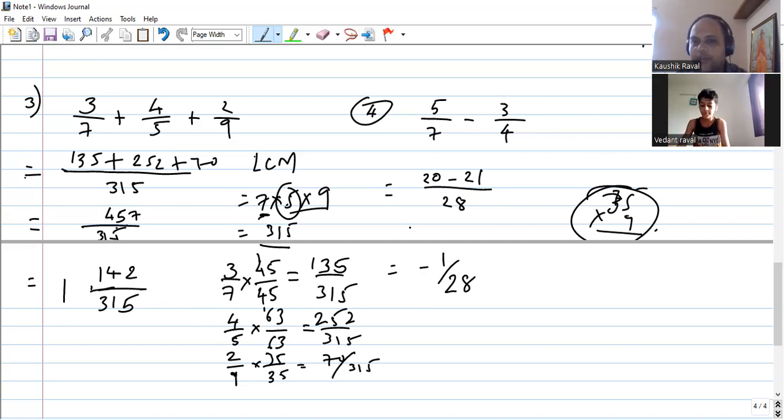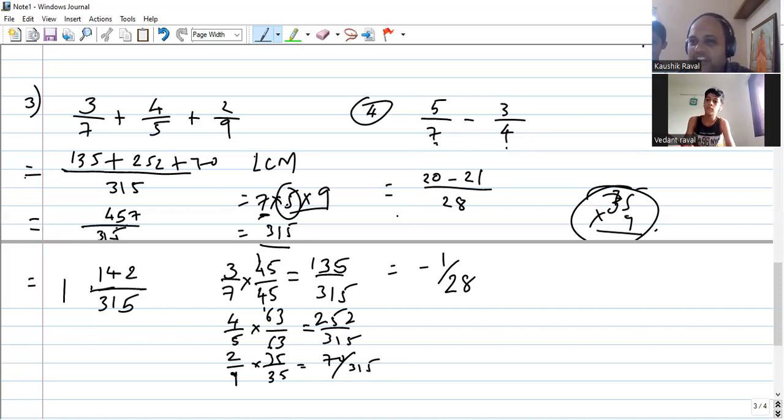Same way for the next one, you don't have a common denominator, so they are unlike fractions. Convert them into like fractions with the denominator 28. 5 4s is 20, 4 7s is 28, so 3 7s are 21. 20 minus 21.